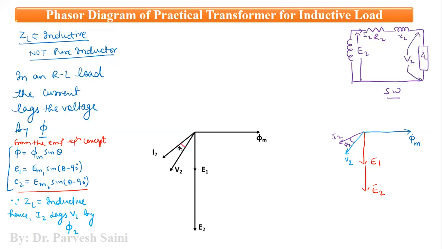When this current I2 flows through the resistance R2, there will be a voltage drop I2 R2, and similarly a voltage drop I2 X2 here. The phase difference between I2 and I2 R2 will be 0 degrees. So this is I2 and this is I2 R2, and both will be in the same phase.